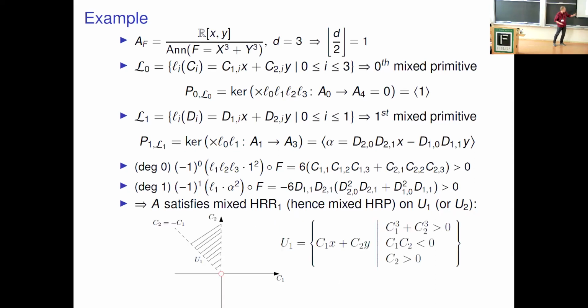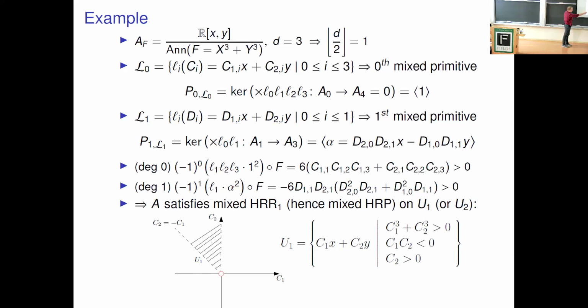So let me just make this statement that it satisfies mixed Hodge-Riemann in degree 1 on this single cone. I could have chosen U2 as well, but I can't choose from both at the same time. Yeah, because my inequalities would be violated.